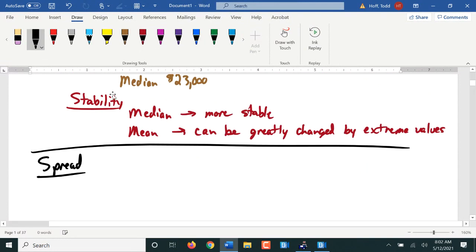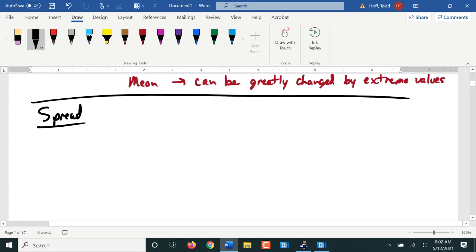Measures of spread. Again, I'm going to come up with a couple of data sets here.